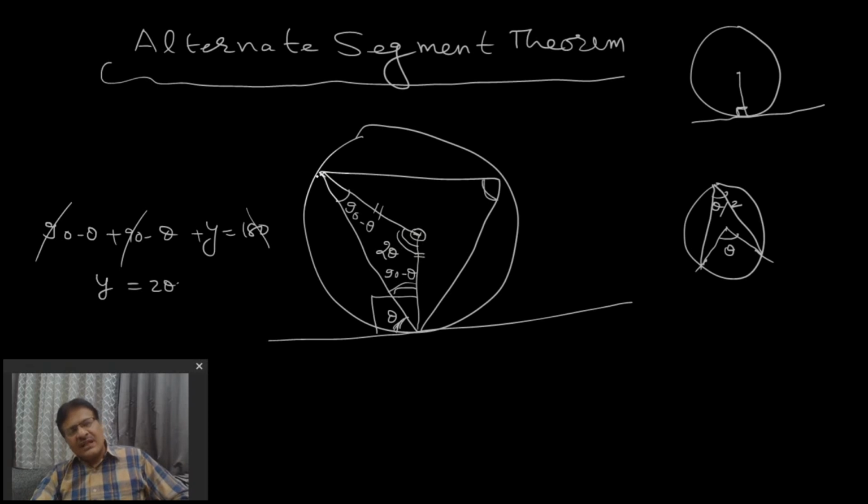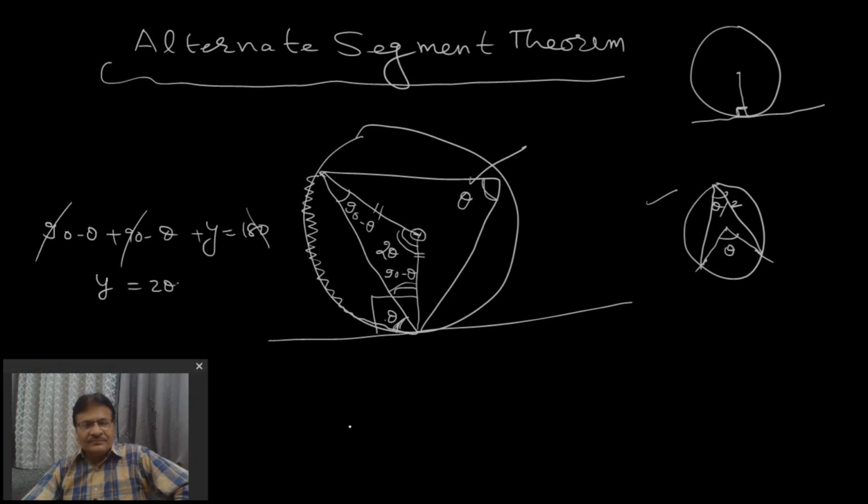Now see this arc. If this arc is making angle 2 theta at the center, then the same arc will make half of that here, as I explained. Then it is proved that if this angle is theta, then this angle would also be theta. So this is the alternate segment theorem, and it is applied in many questions.